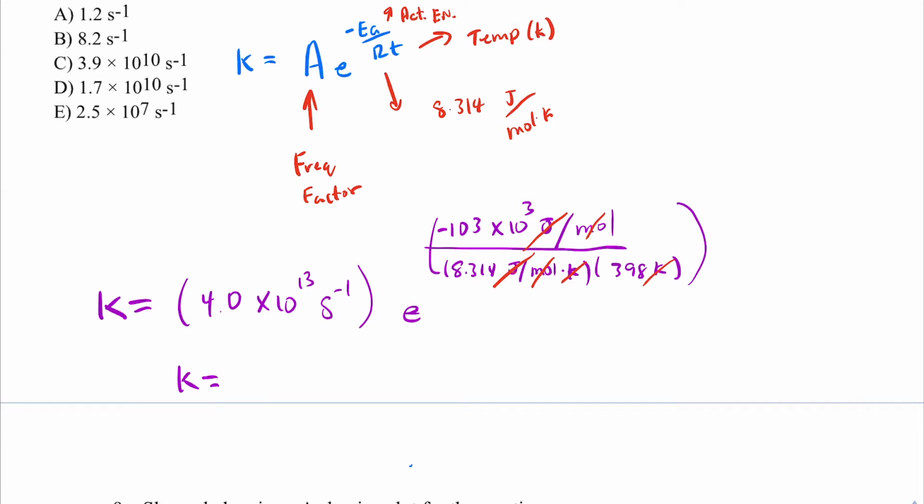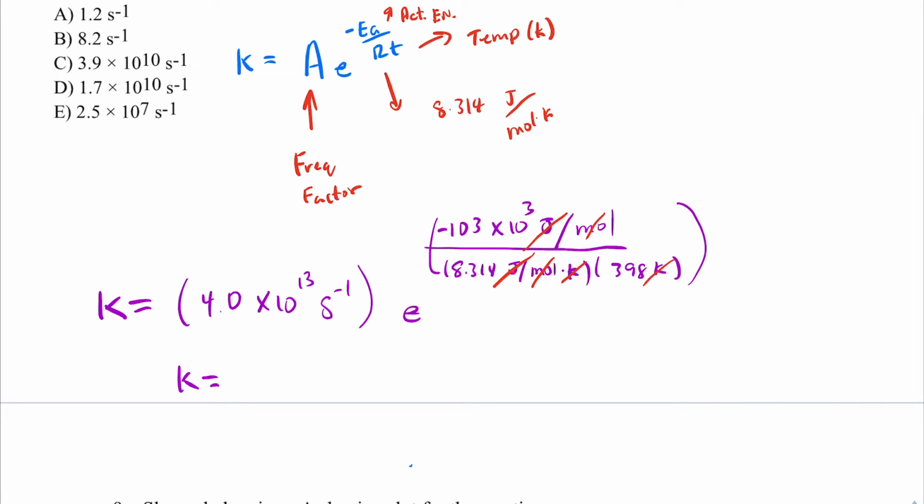So for K, we have 4.0 times 10 to the 13th power, multiplying that by e, and that's going to be multiplied to the, let's put a parentheses in there, negative 103 times 10 to the 3rd power over another parentheses, 8.314 times 398.